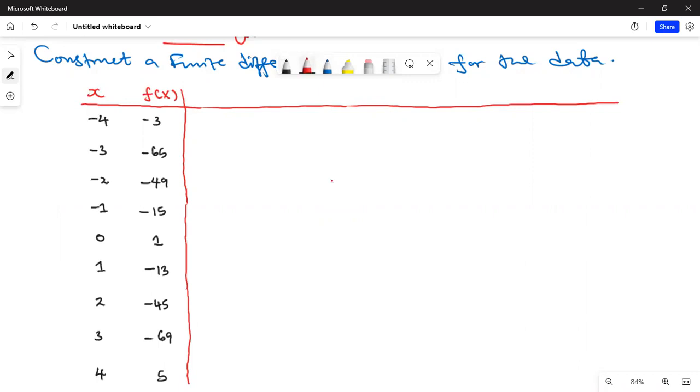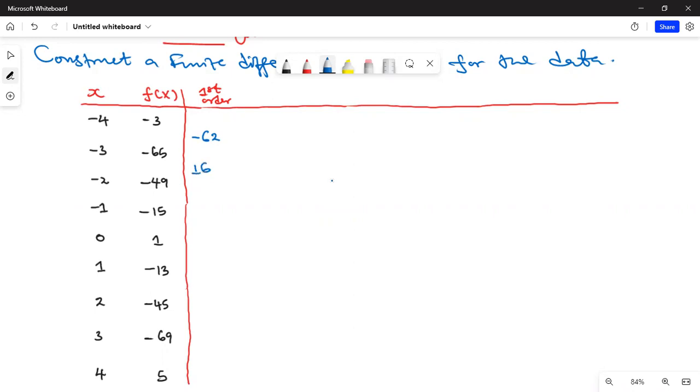So we start with the first order differences. We're going to write them here. So -65 minus -3, that's the same as -65 plus 3, that's -62. Do the same, -49 minus -65, that should give us 16.